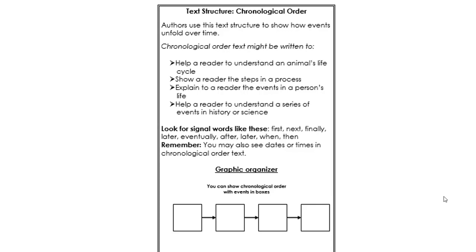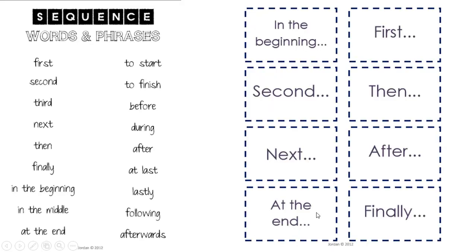There's many different types of text structure graphic organizers you could use. Here's an example of a flowchart. First, second, third, fourth. Another important thing, remember those words and phrases. In the beginning, in the middle, afterwards, finally, at the end. These are perfect clue words to help us come up with sequential order.